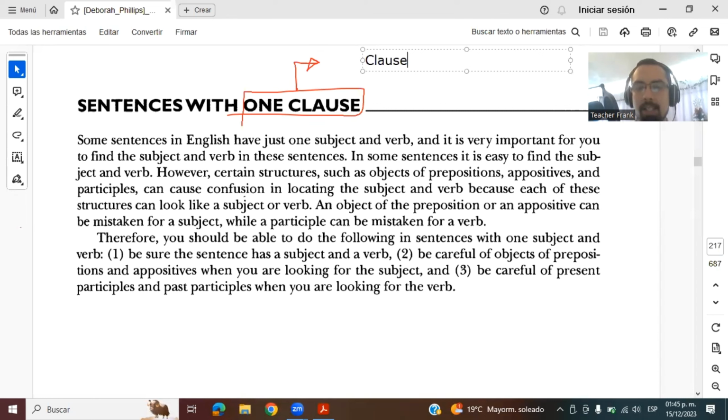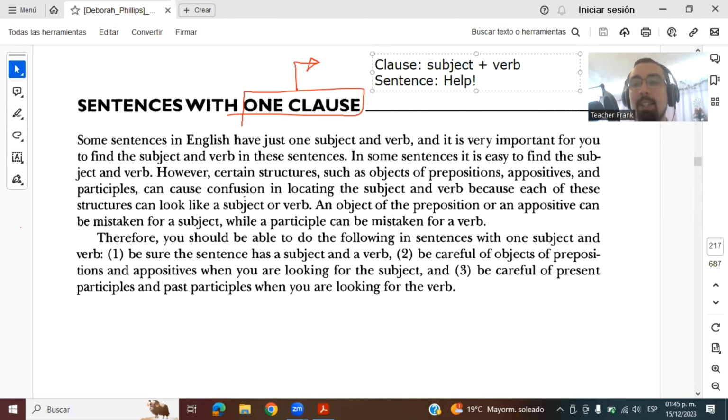A clause is that which has a subject and a verb, right? So if I say, for example, I play, I dance, you walk, you talk, he rides, she drives, that's a clause, right? A sentence is a clause, but in this case, a sentence is anything that has meaning, right?